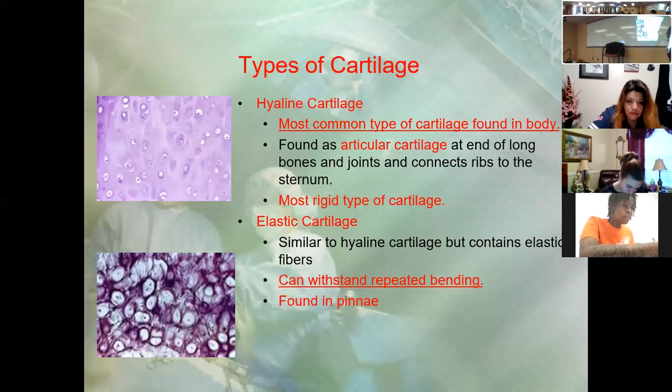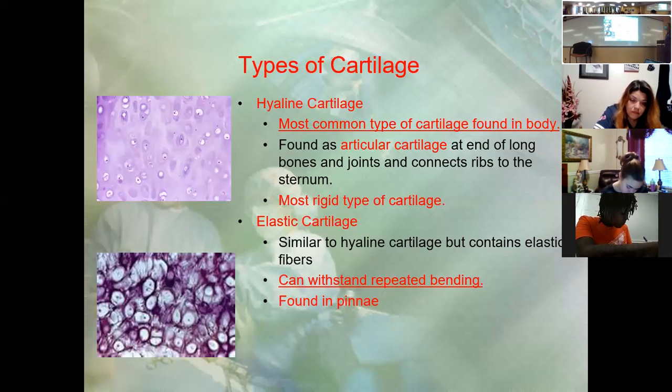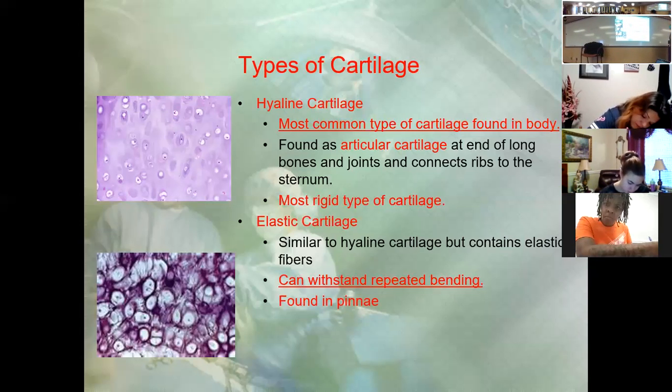So the hyaline is the most common type. Again, that would be a great test question. A little star beside that. You're going to see that at the ends of our long bones, at the epiphysis, at the joints where they articulate. When two or more bones come together to form a joint, we say that it is an articulation.